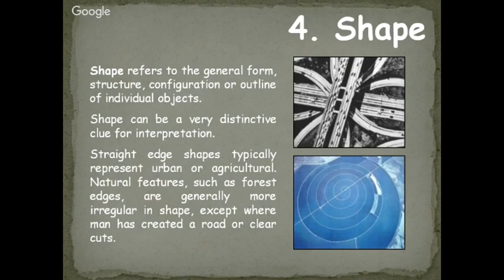Then we have shape, the shape of the object. In this case, we have depicted two different surfaces. The first picture, the topmost picture, is representing a mesh of flyovers, roads.